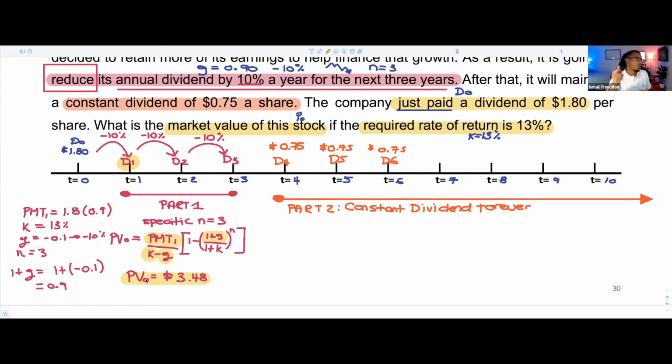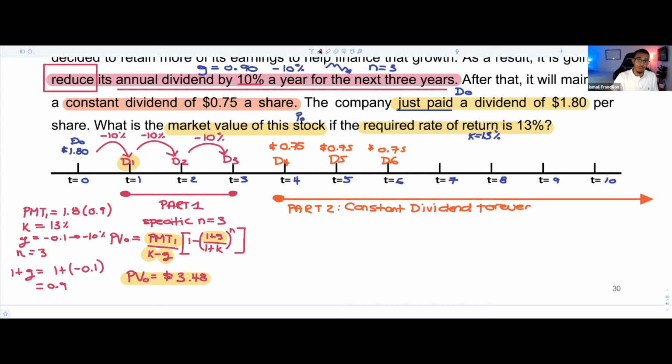Once again, key takeaway: because D1 to D3 is not lasting forever, obviously, we need to use our normal growing annuity formula. However, part 2 onwards is literally a constant dividend forever. So if it's a constant dividend forever, now we could use our constant DDM formula.